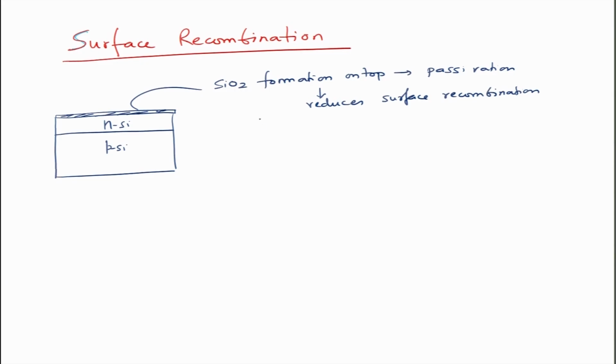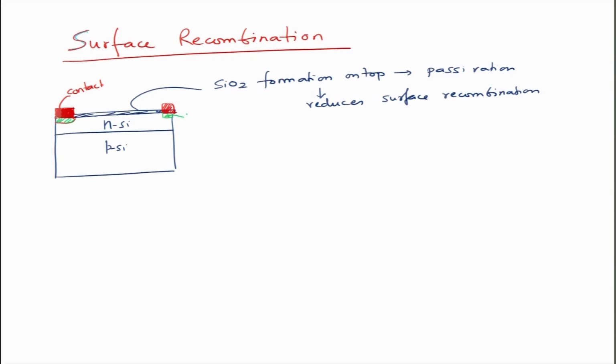Then, if I put contacts now, let us say these are my contacts. This is again another contact somewhere here. Contact has to be in touch with the silicon. So, oxide is at the places where there is no contact, and oxide is transparent to light, so it does not affect the absorption. Near the contact, underneath you have this region, as we said, heavily doped.